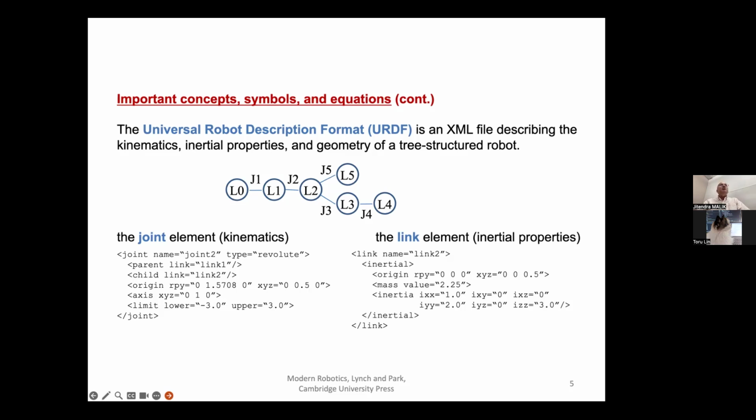Then there is the inertia, in Ixx, Ixy. These are different axes about which you compute the moments of inertia. All of that is specified, and this is the physics of the robot. So we specified the geometry and the physics of the robot in this URDF format.